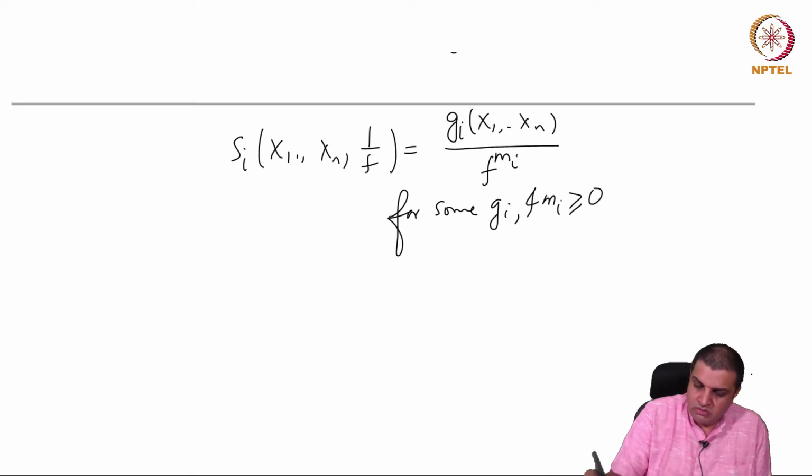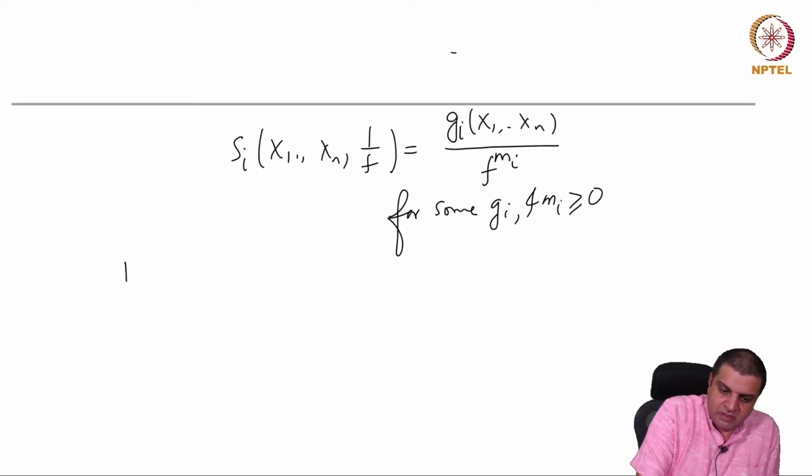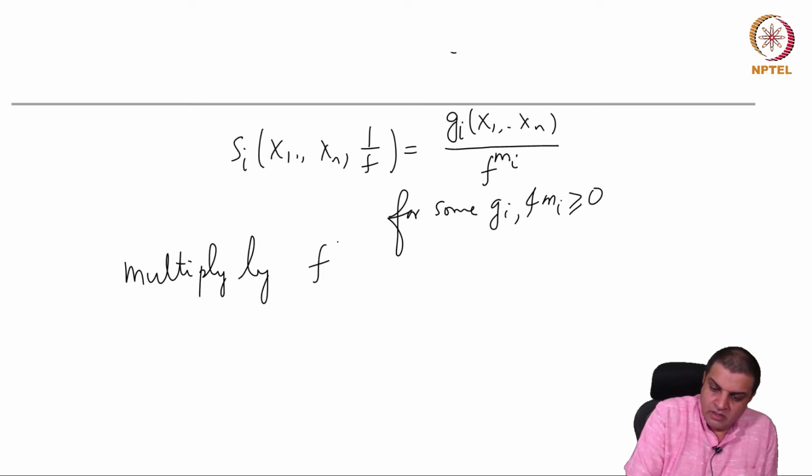So now multiply by f to the n for sufficiently large n.